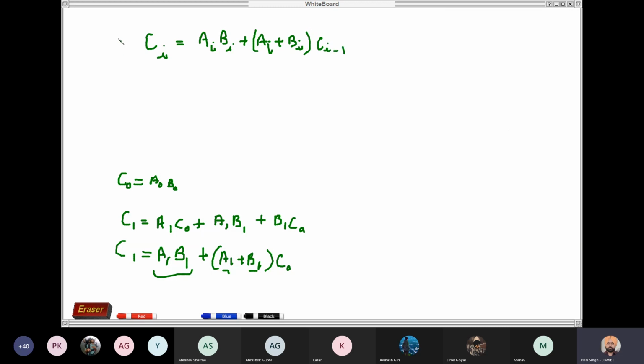So Ci is the carry at ith stage and Ci minus 1 is the carry at I minus 1 stage.